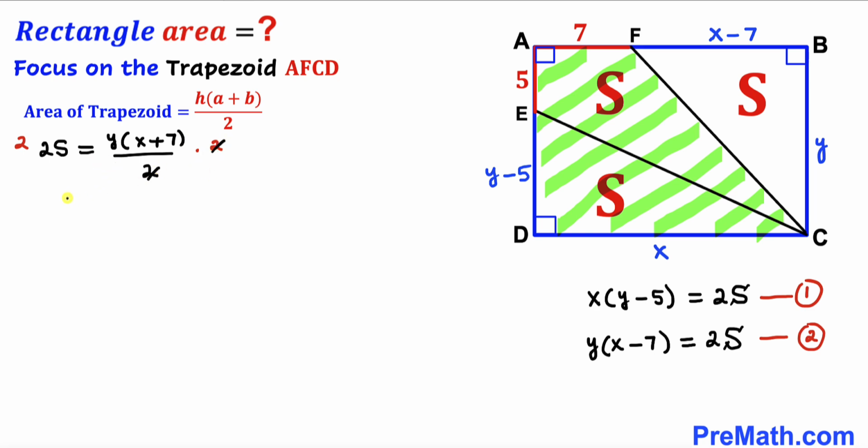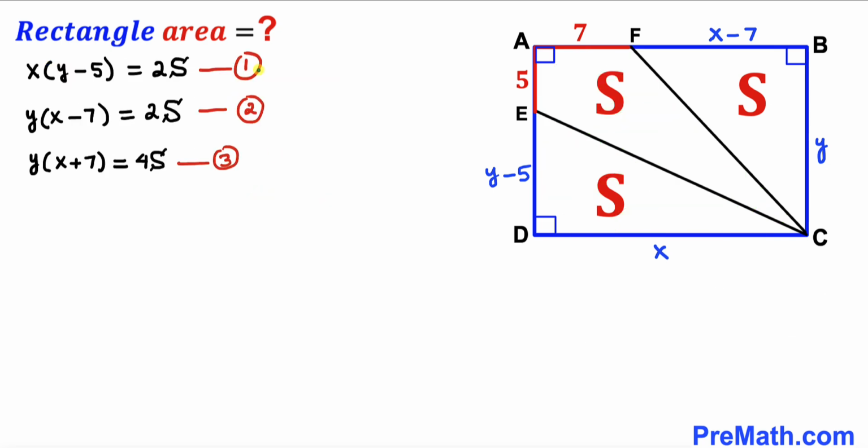Therefore we end up with y times (x + 7) equal to 2 times s, which gives us 4s. I'm going to label this as equation number 3. Thus we end up with these 3 equations, number 1, number 2, and number 3.